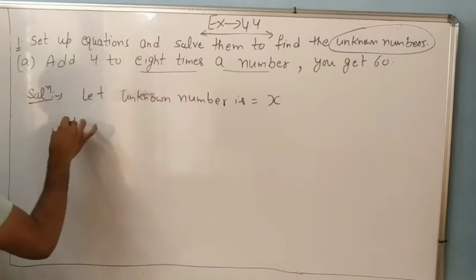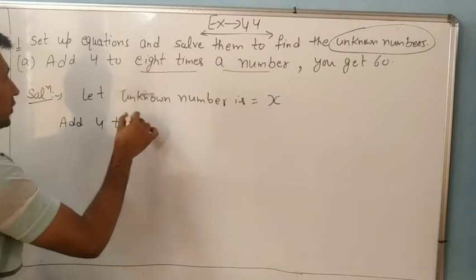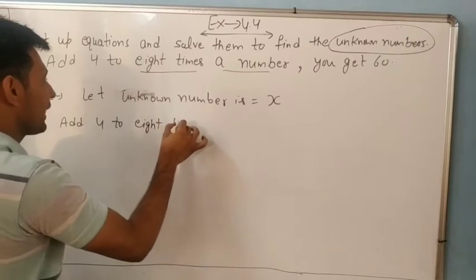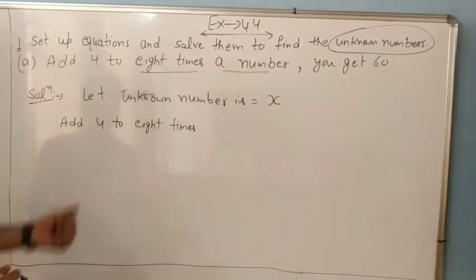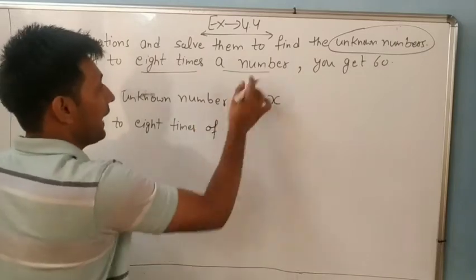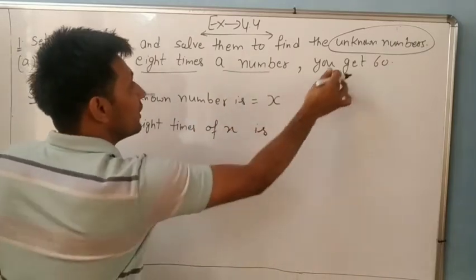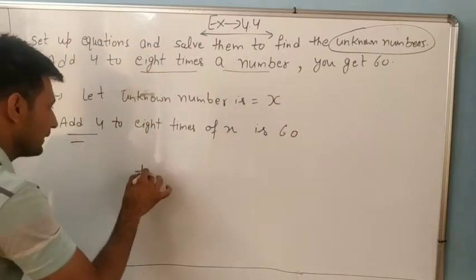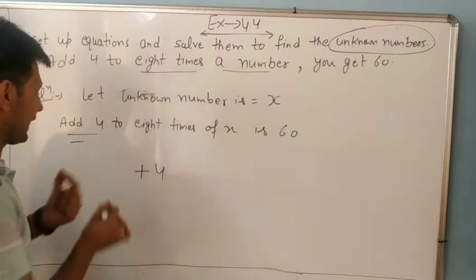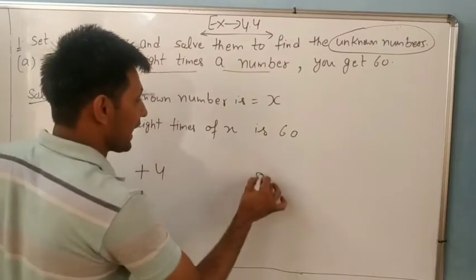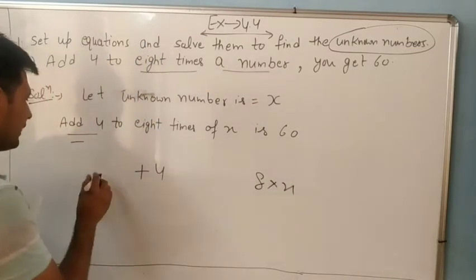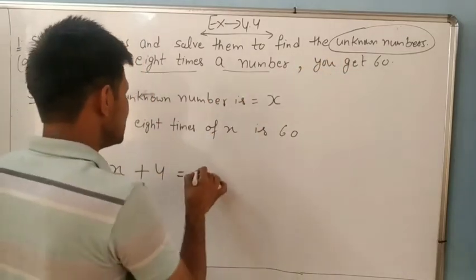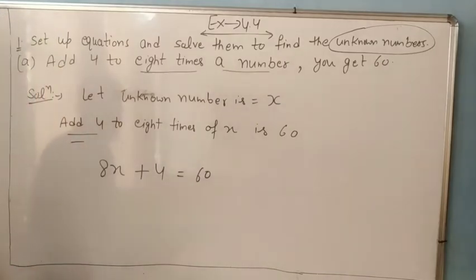So we will write: add 4 to 8 times of the number x, you get 60. So write add 4, meaning addition, to 8 times of x, and you get, meaning is equal to, 60.